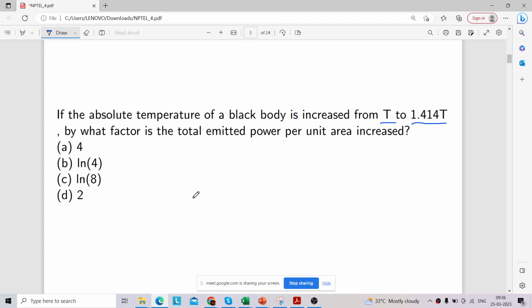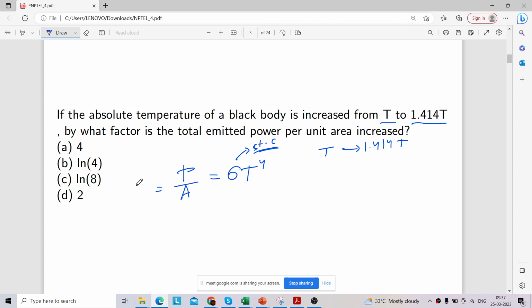As we saw, the Stefan-Boltzmann law says that power per unit area is equal to sigma times T to the power 4, where sigma is the Stefan constant.